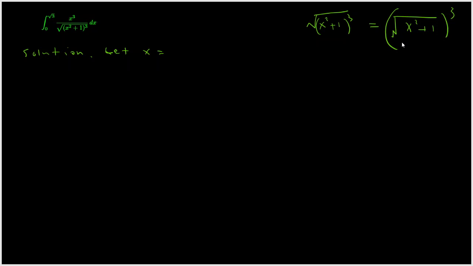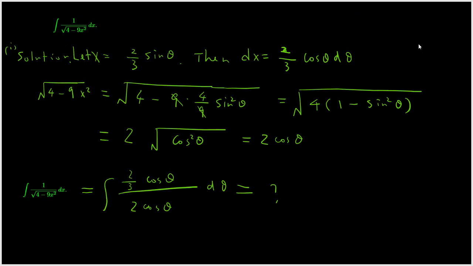I'm looking at a trig substitution. The function is going to be some theta. Now look at the table. The substitution is going to be a trig function, a number times a trig function actually. Now the radical is in the form of square root of x squared plus 1.